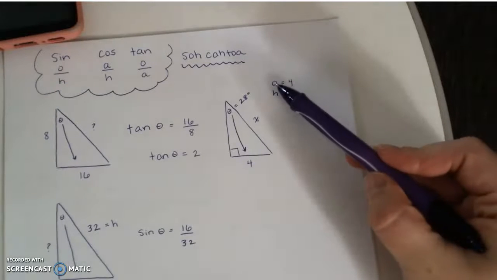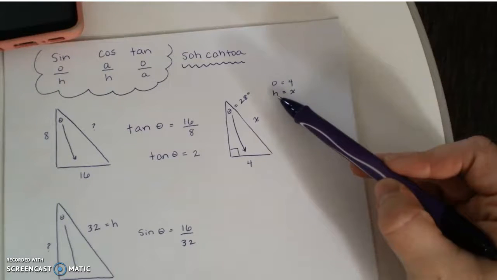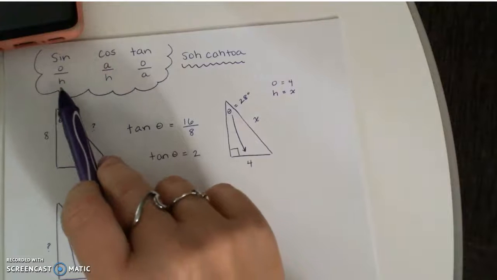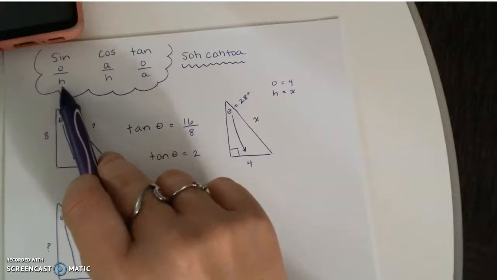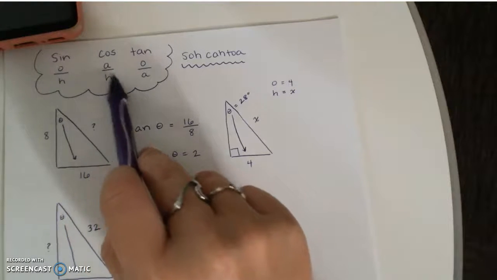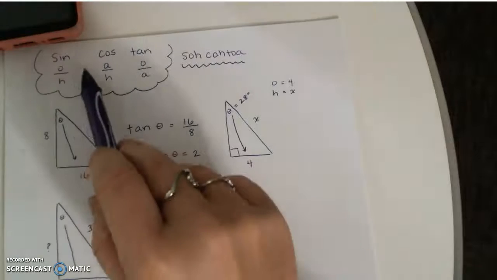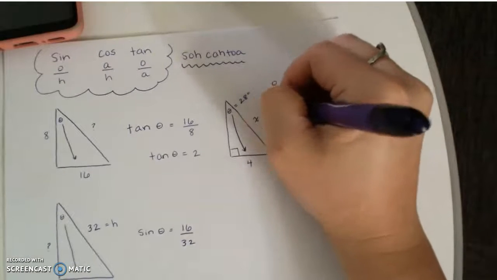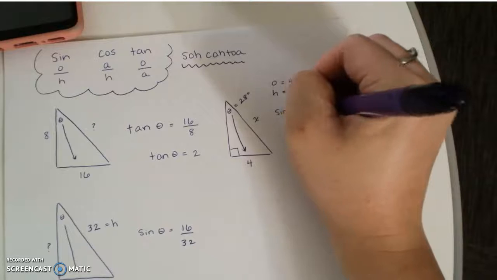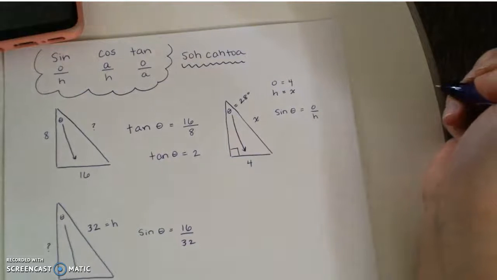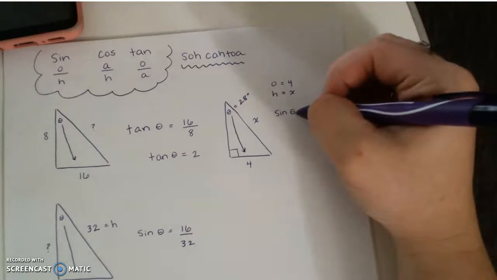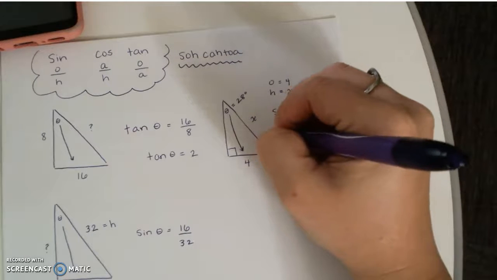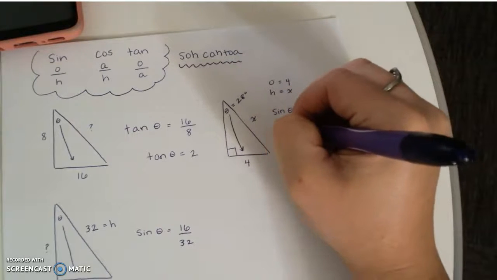So when I know that I have my opposite and I have my hypotenuse, that means I can use this trigonometric identity. Because I don't know my adjacent, I can't use either of these. So I'm going to use my sine. So if sine of theta equals opposite over hypotenuse, and I know that the angle theta equals 28, I can plug 28 in right there.